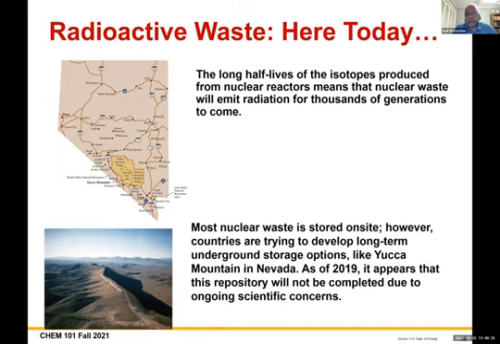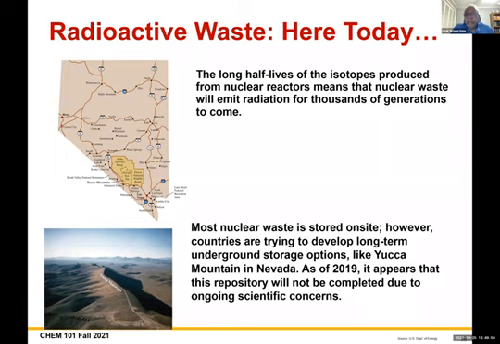Most nuclear wastes are stored on-site. Next to the nuclear power plant, there are underground concrete water tanks where we store the nuclear rods and things like that temporarily while they cool off.